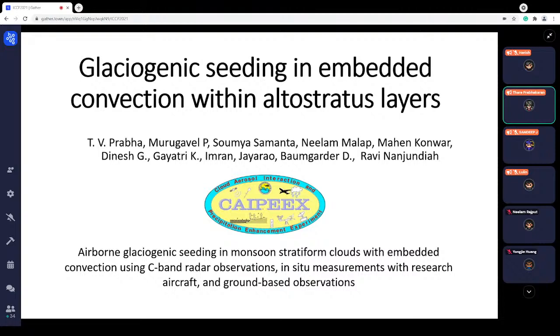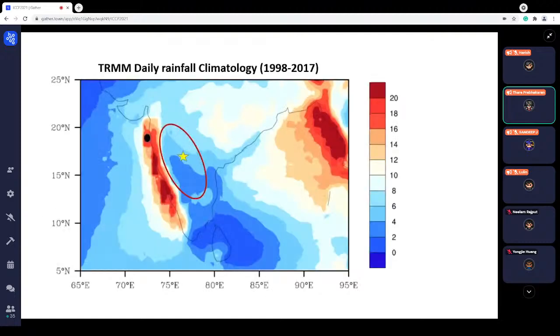We have made a big observatory in our study region with a C-band radar, and we have been flying aircraft. We also have a ground-based aerosol observatory and thermodynamic and other boundary layer measurements. Today my presentation will be only to describe that case.